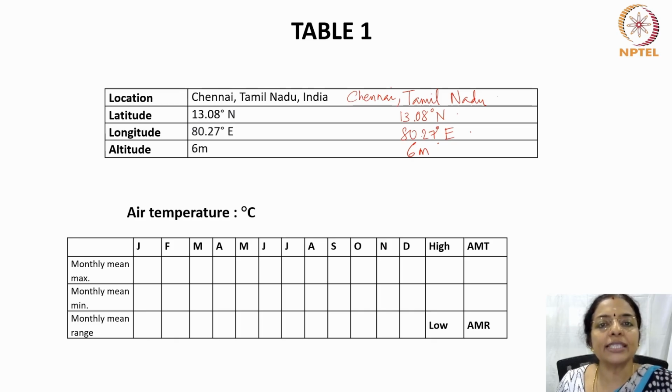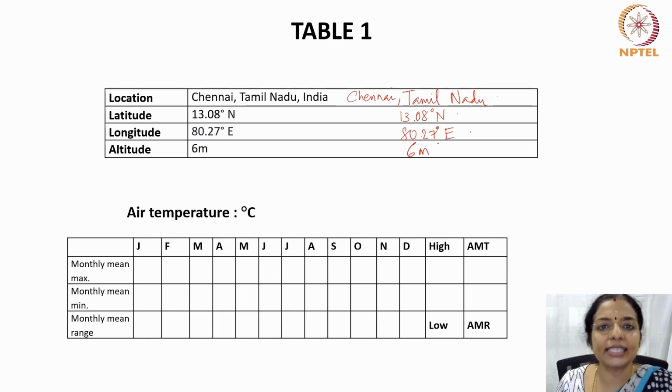So the first step is input the monthly mean maximum temperature, which is the average of the maximum temperature recorded for each day of the month, and the monthly mean minimum temperature, which is the average of the minimum temperature that is recorded for each day of a month as given in the weather data that you collect.